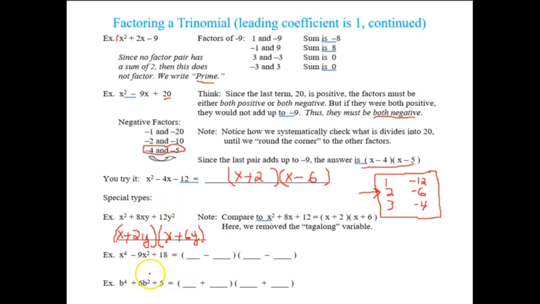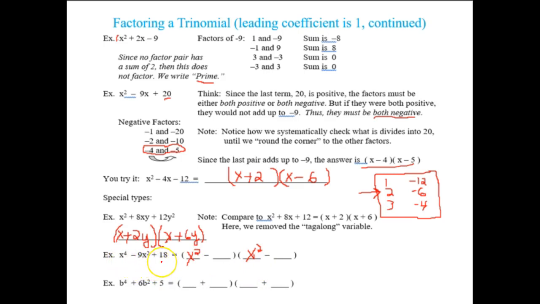All right, another example, we've got x to the fourth minus 9x squared plus 18. Now, this is a trinomial, and the only difference is you have x to the fourth power instead of x to the second power. Well, if you make each of your first terms in the binomials x squared instead of just x, then when you FOIL the first terms, x squared times x squared gives you x to the fourth power.